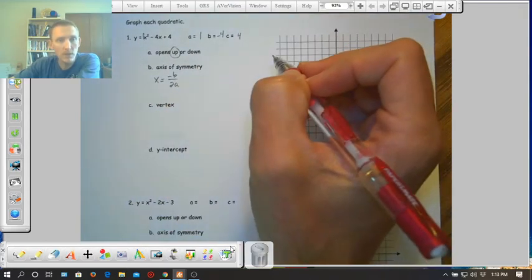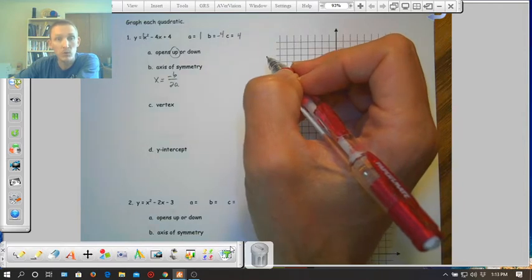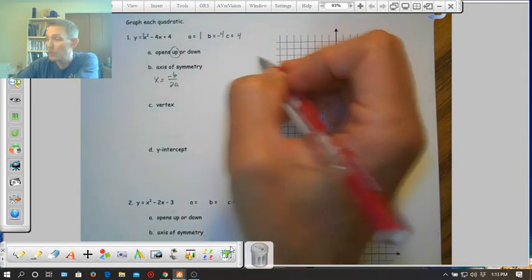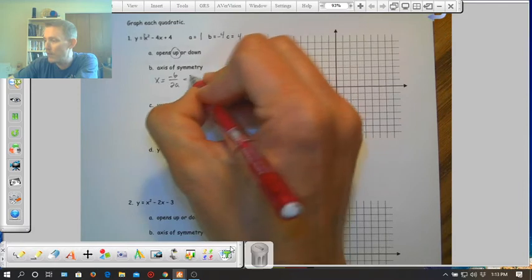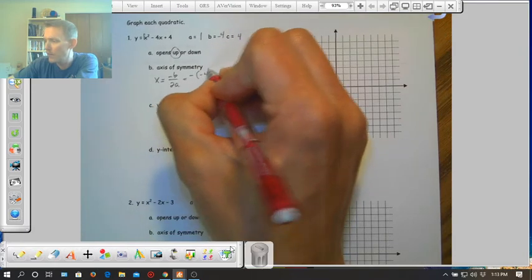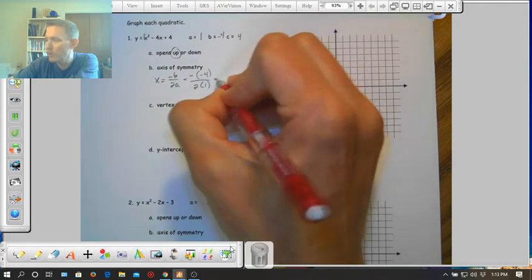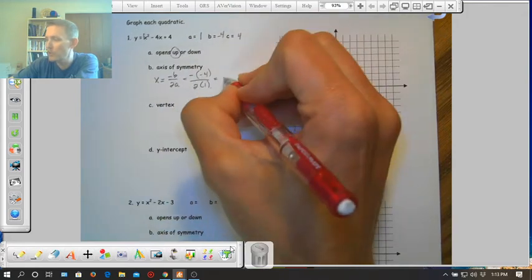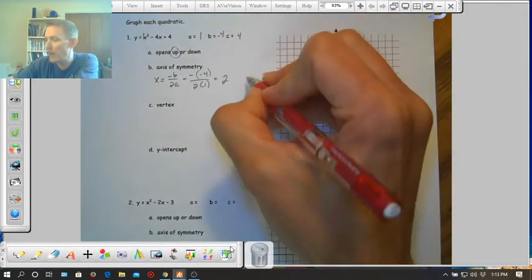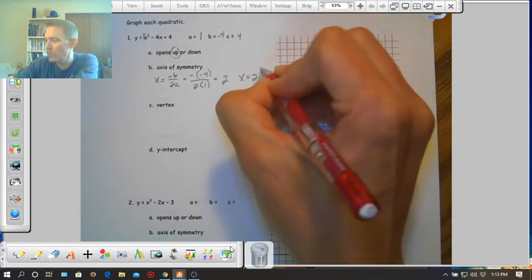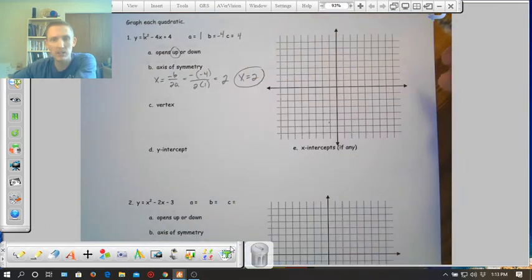So the equation for that vertical line, the axis of symmetry, is the same. So on top we have negative negative 4, all over 2 times 1, and that's going to equal a positive 4 over 2, so that's 2. So the axis of symmetry is x equals 2.